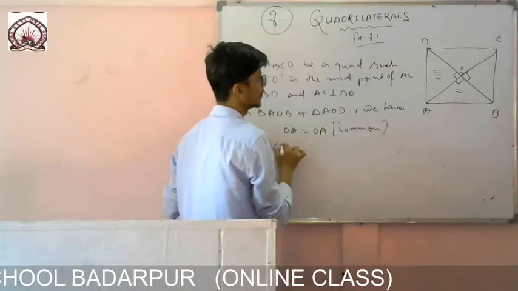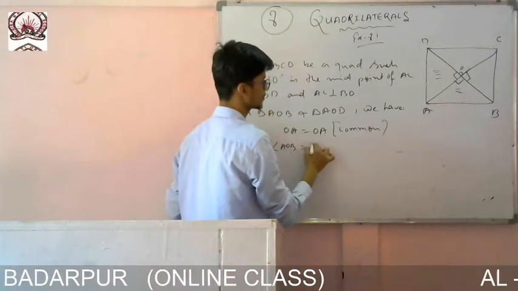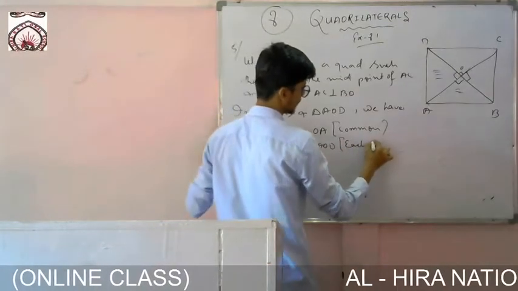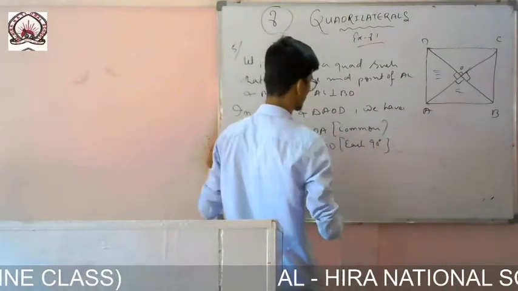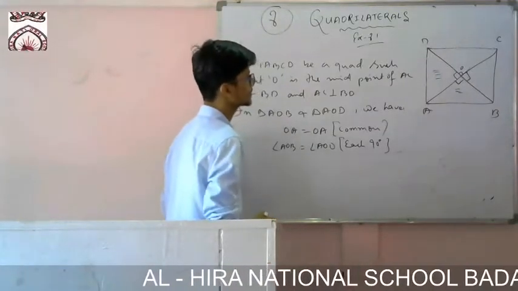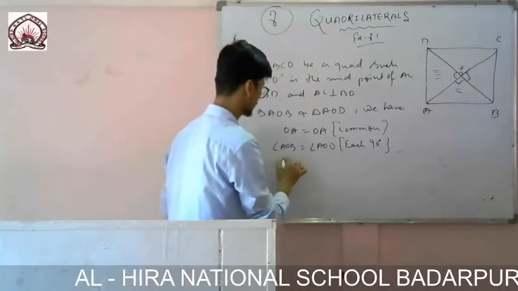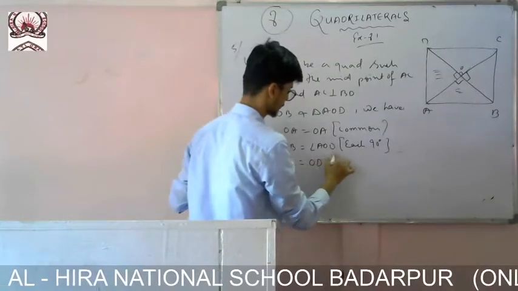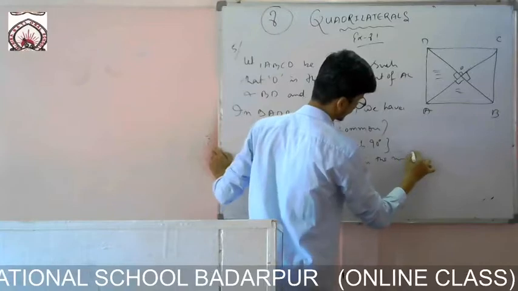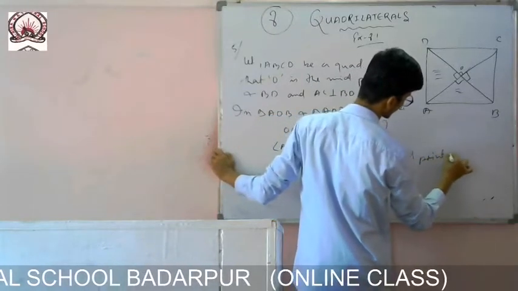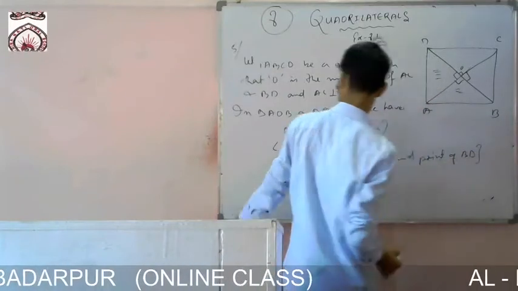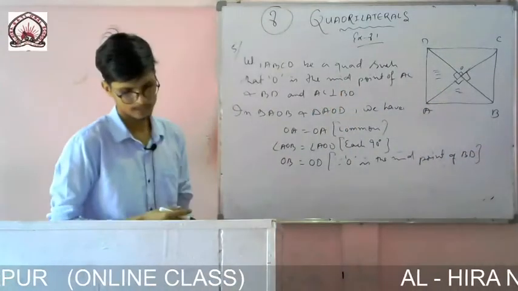That is angle AOB is equal to angle AOD, each 90 degrees, or you can write AC is perpendicular to BD, and this O is the midpoint. That means OB will be equal to OD. O is the midpoint of BD. Okay, these are the things that are there in the question.